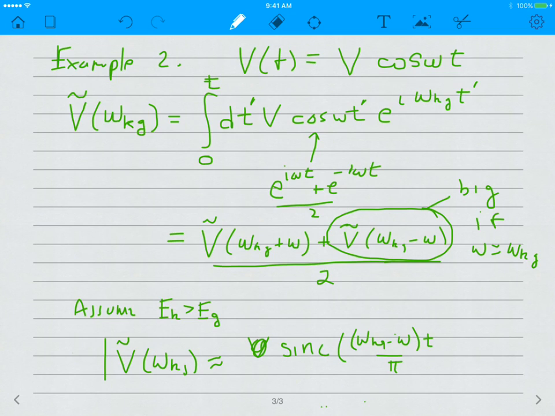Of course, what we're really interested in is that over h bar squared, and then we have our constant.